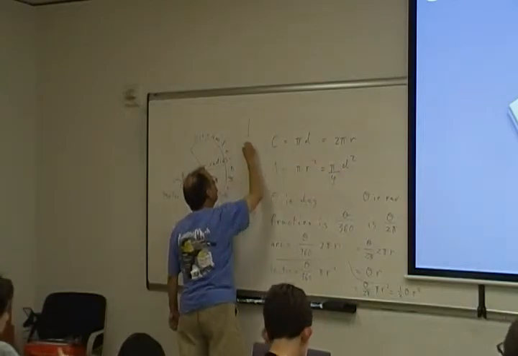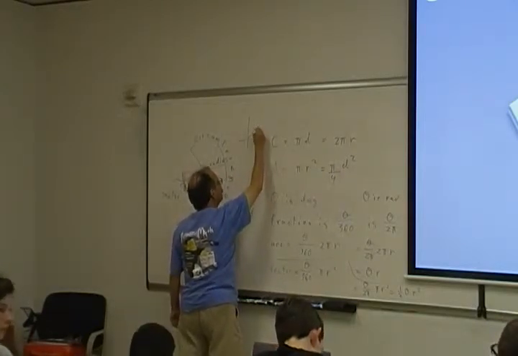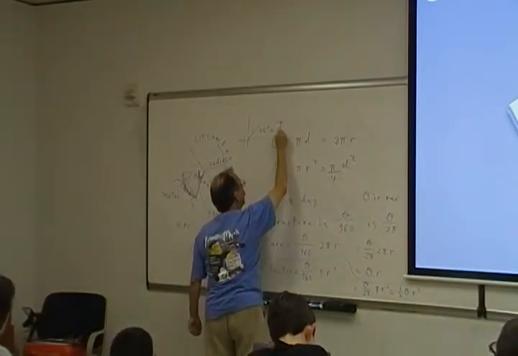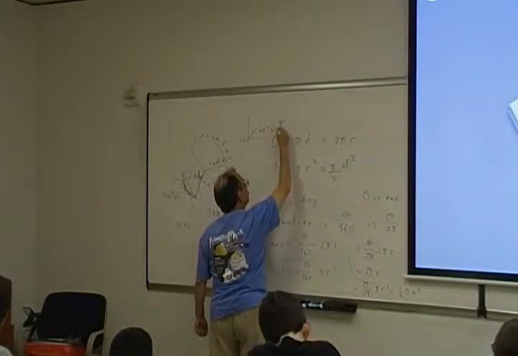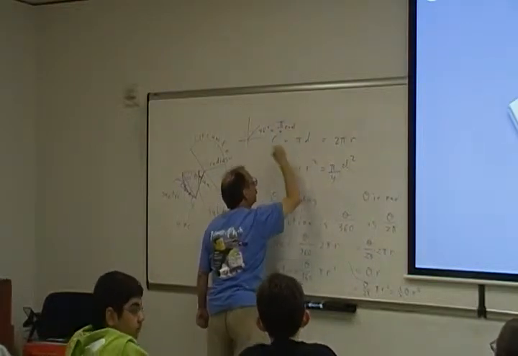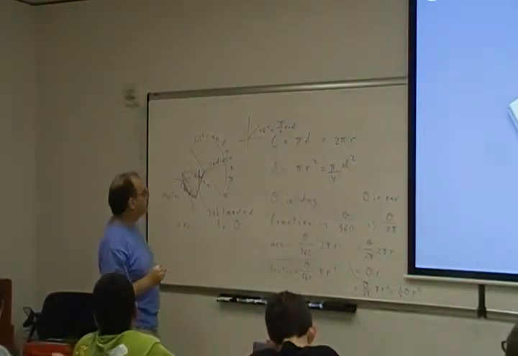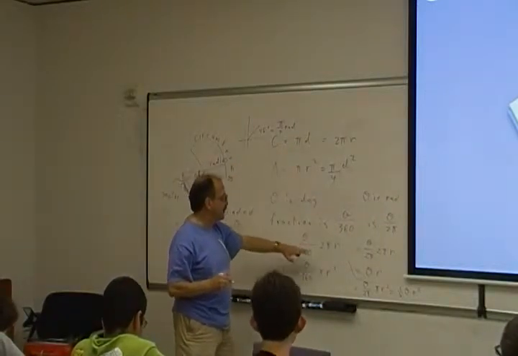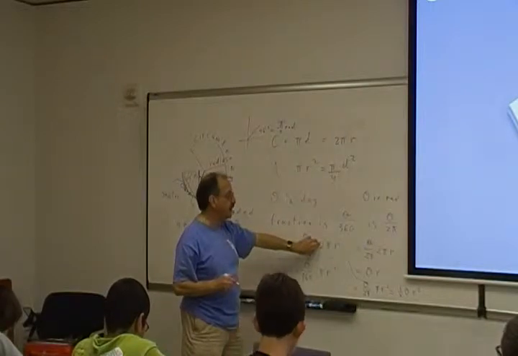So, this is 45 degrees, but it is also pi over 4 radians. Right? And so, if you use 45 degrees, you have to use this formula for the length of an arc.